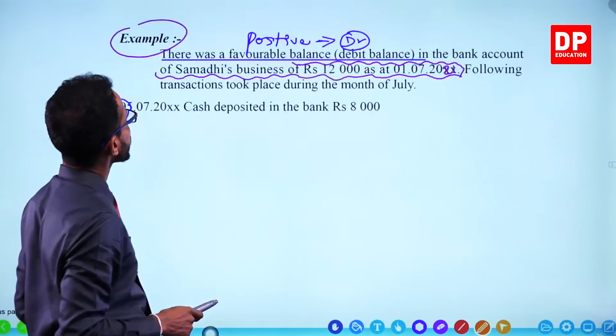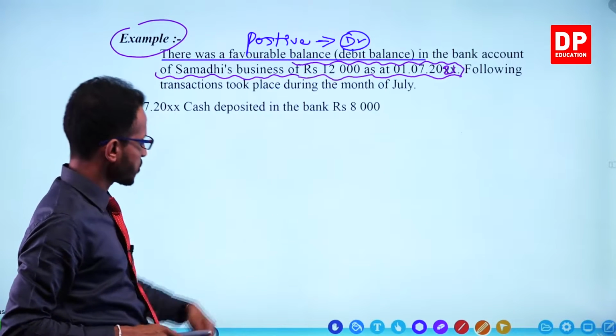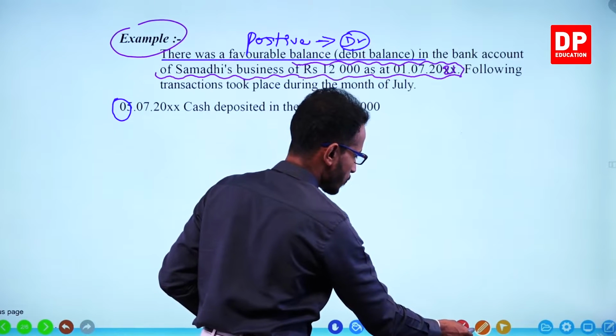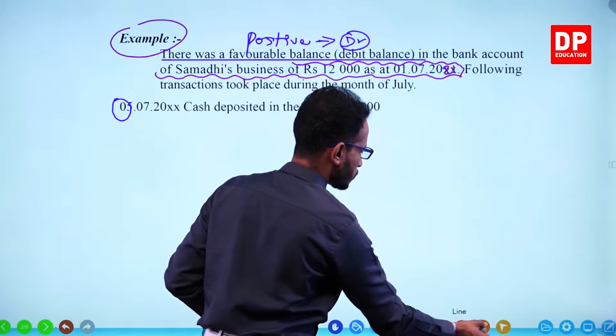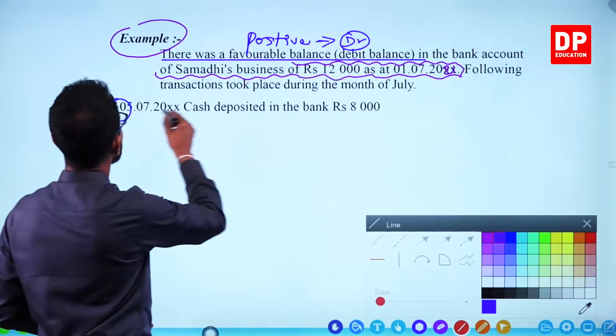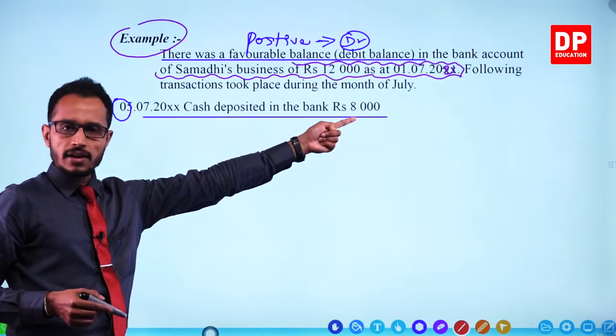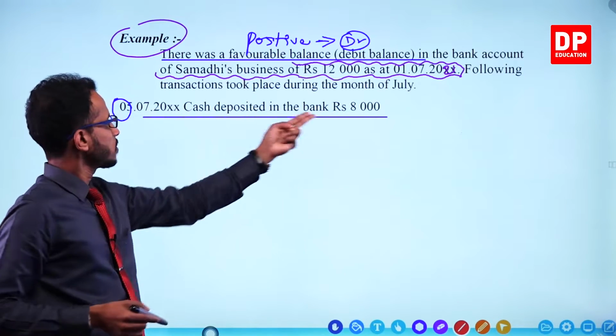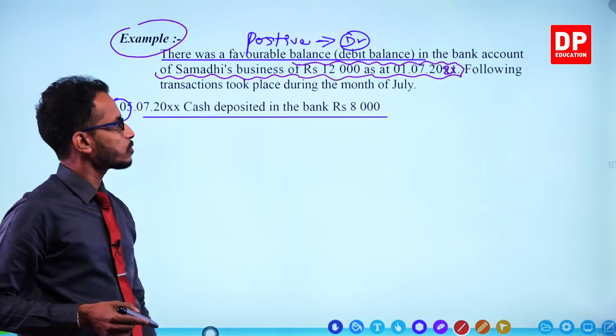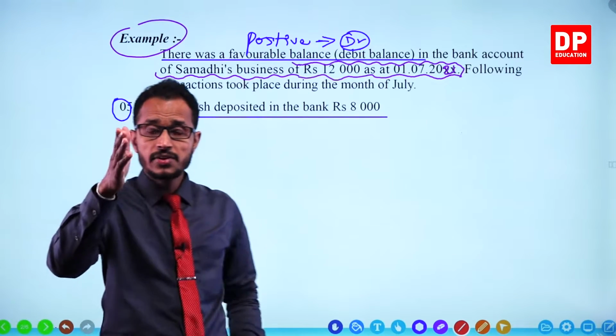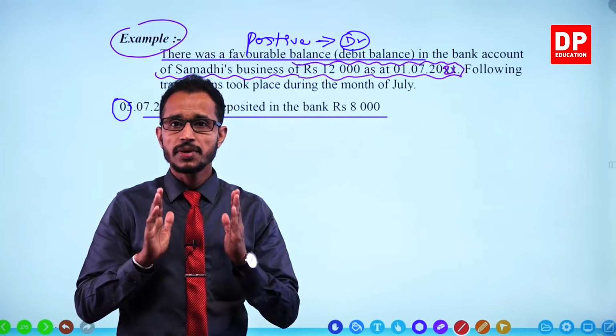Then the first transaction, children. First one, cash deposited in the bank. Cash deposited in the bank 8,000. Double entry, I'm not going to ask you, just tell me.